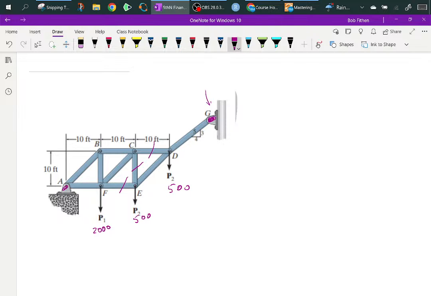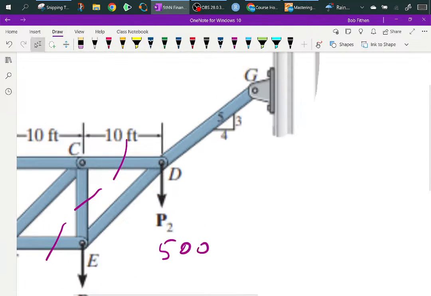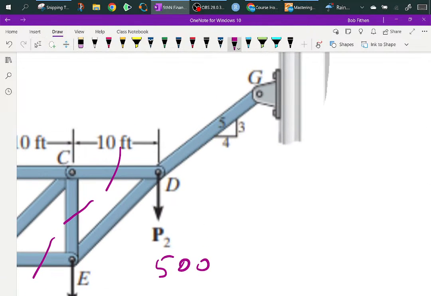The reason it's easier is because this member here has got to pull on it. I'm assuming it's going to pull on this little gusset along its own line because nobody's putting a moment there.